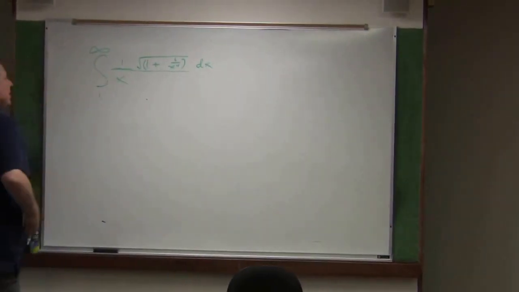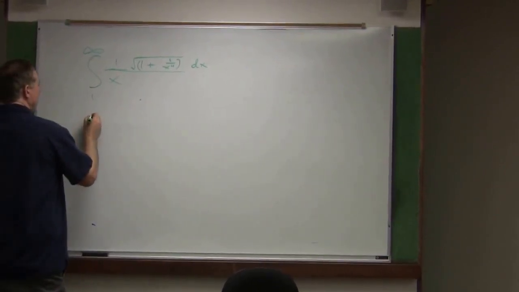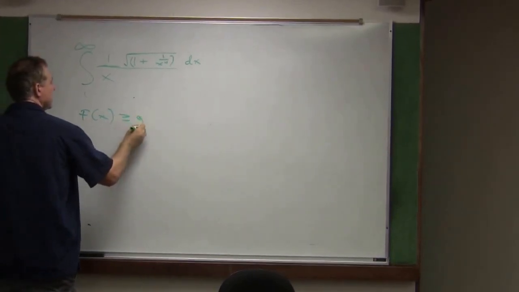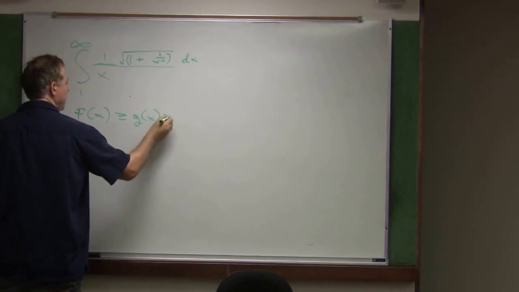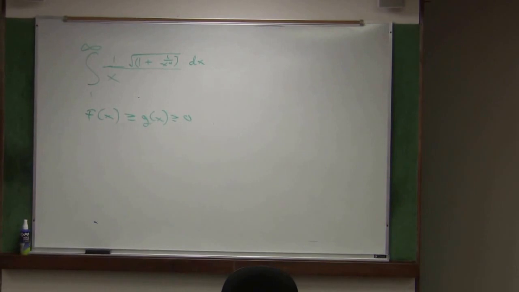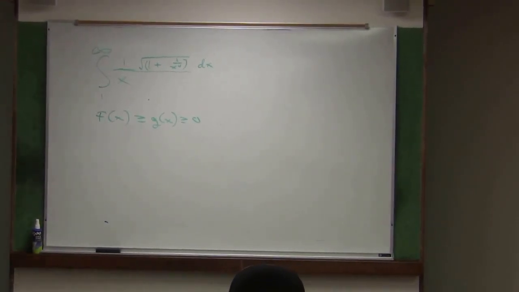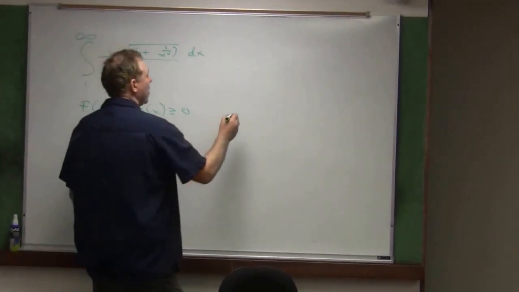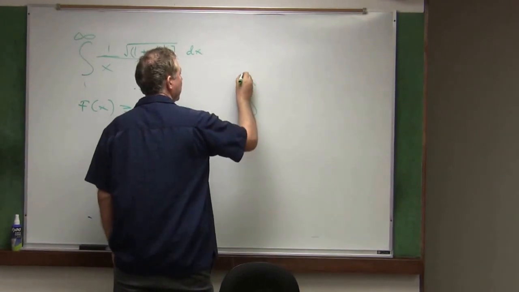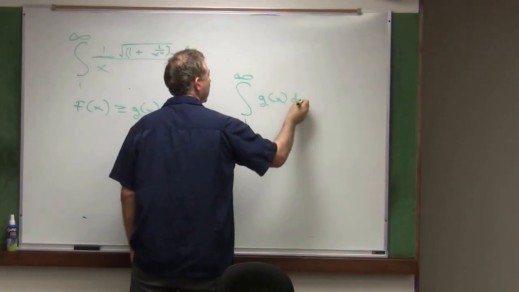So the comparison test is going to say the following. Let's say we have this situation where f of x and g of x are two positive functions, and let's think of their integrals. What could you say if the integral from 1 to infinity of g of x diverged?